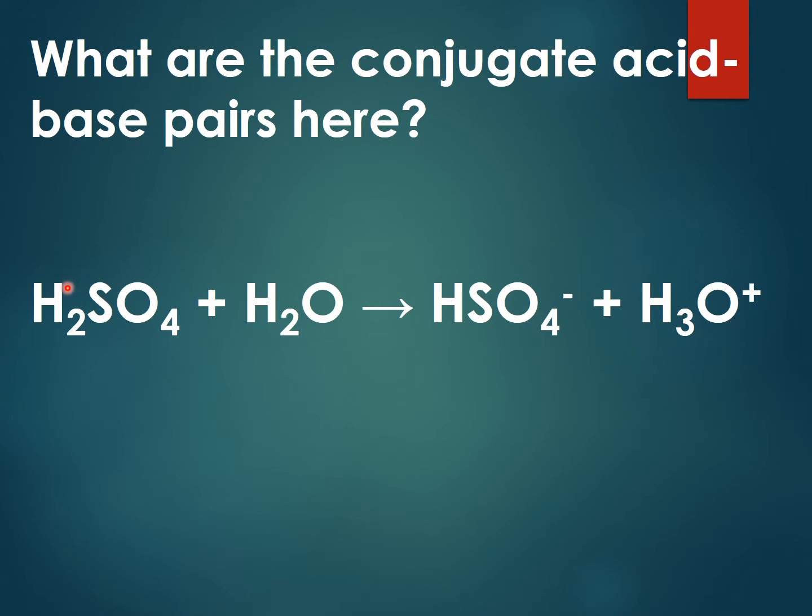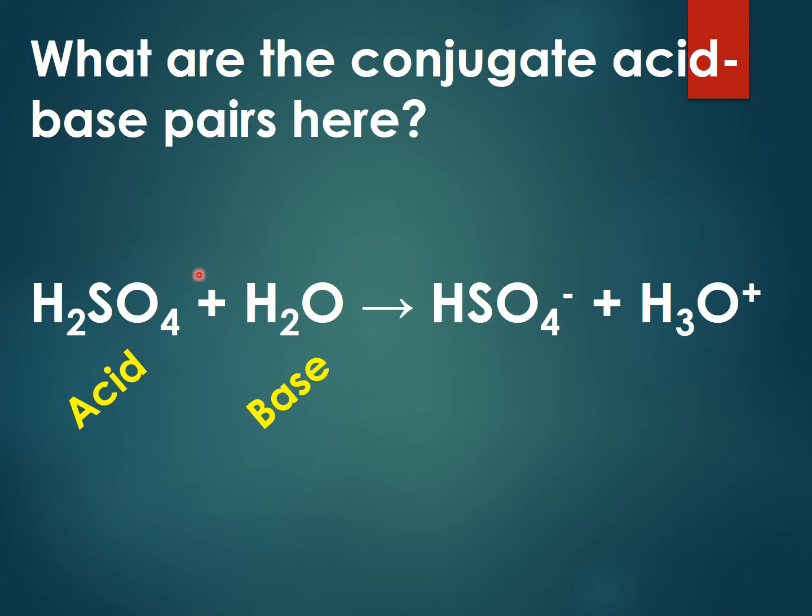If that's the case, if an H is going from H2SO4 to H2O, that makes the H2SO4 the acid. Since it's going to the H2O, that makes water, in this case, the base. Water can behave like an acid or a base, depending on what it's mixed with.